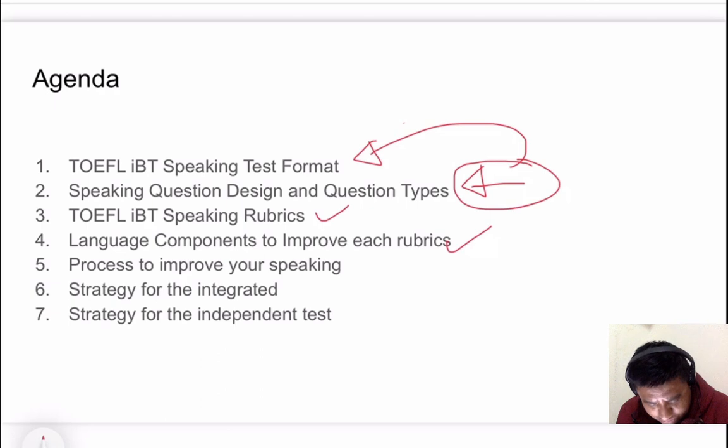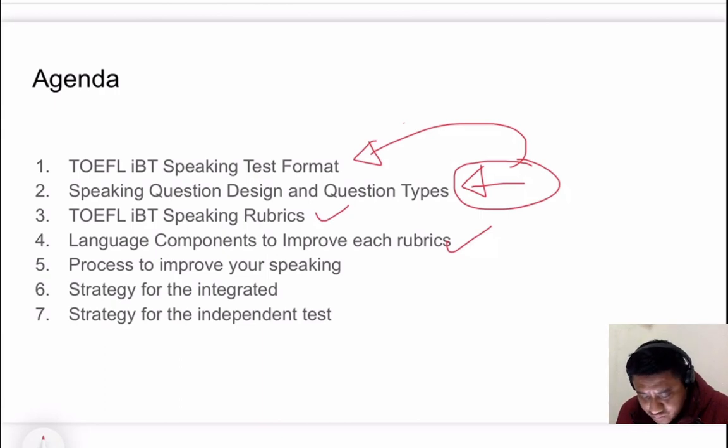So I'll also introduce the OIR model and how to use it to improve your speaking in your everyday life. And then I'll end today's session by talking about specific strategies, right? What strategies to use for the integrated part of your test, and the strategy for the independent part of your test.